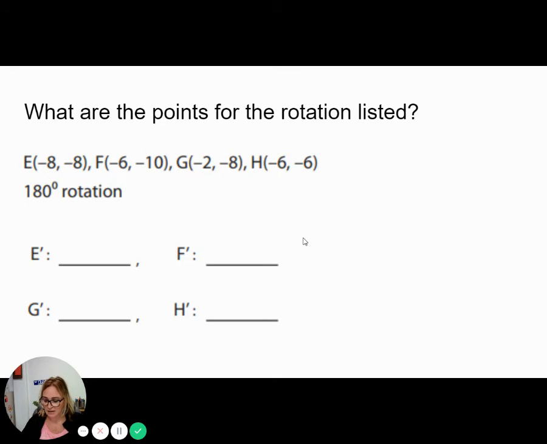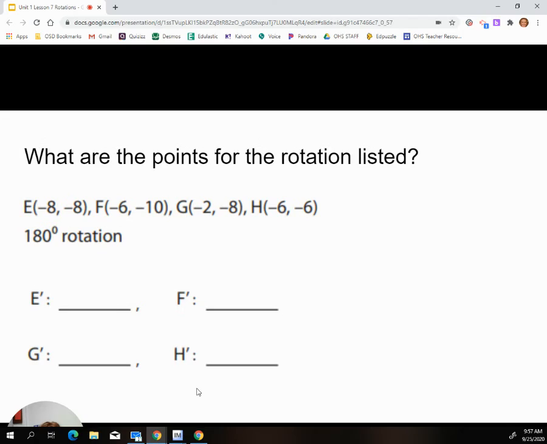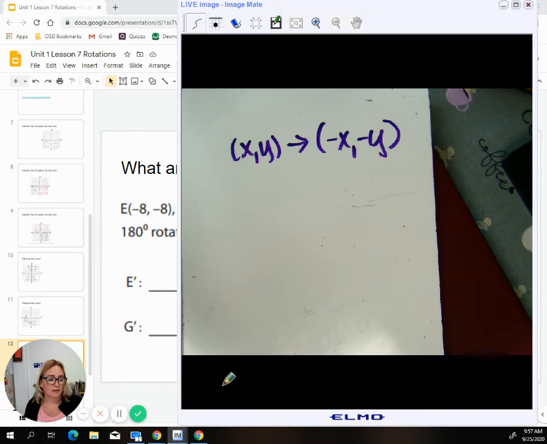A 180 degree rotation, what does that give us? Well, if we look at our formula sheet, we know that that gives us this rule right here. All of our x, y points turn into a negative x, negative y.